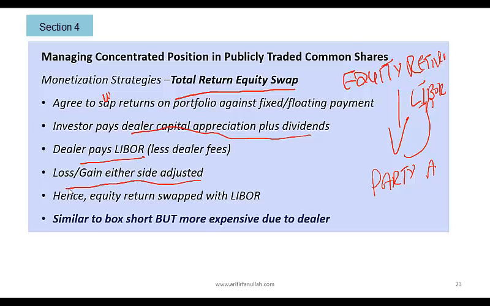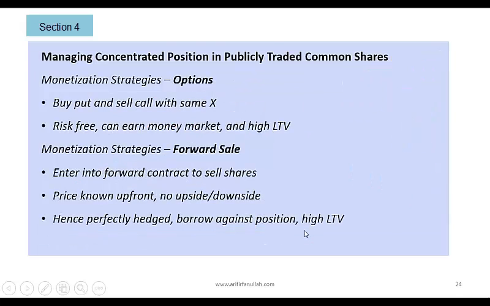We have a loss or gain on either side, which is adjusted. Please understand that we don't get LIBOR, we get LIBOR less dealer fees. So this is not the cheapest option. While this is similar to shorting against the box, it is more expensive due to the dealer. It's still cheap. Okay. The third strategy is to use options.